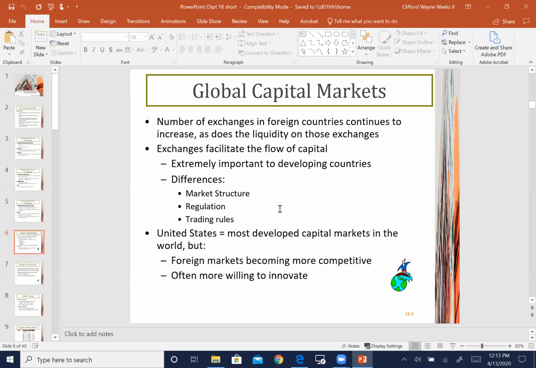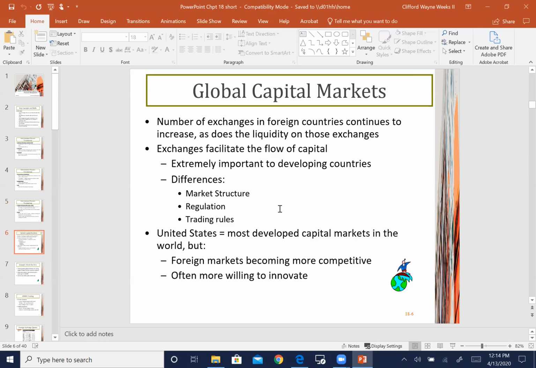Kind of switching to the global capital markets. There are a number of exchanges in foreign countries, and they continue to grow on a regular basis. What that allows is to be able to buy and sell both equity and debt securities around the world, and to do it 24/7.